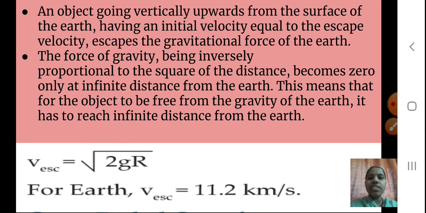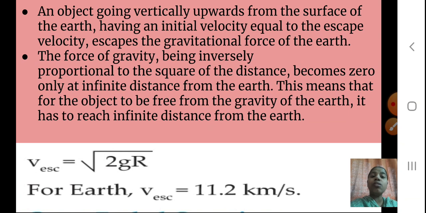So the force of gravity, that is the g value, can become 0 at escape velocity. Then this means that for an object to be free from the gravity of the earth, it has to reach infinite distance from the earth. Yes, if that particular object doesn't want the earth's gravitational pull to act on it, it has to move away to infinite distance from the earth.